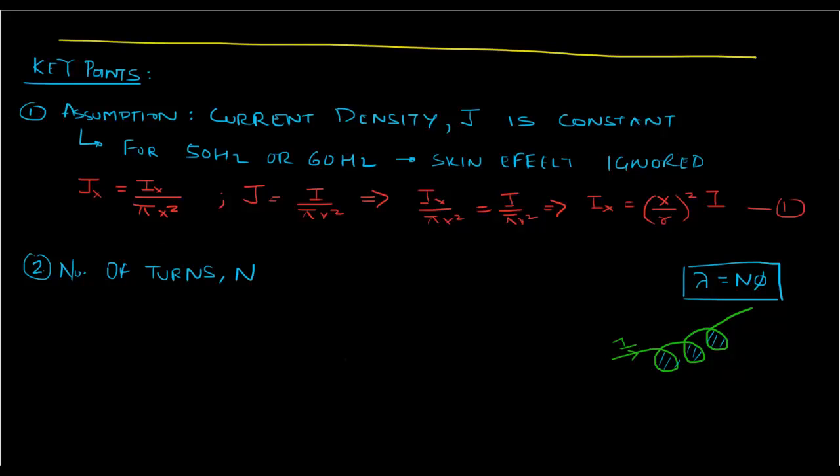Due to this current, we have flux lines. So let's say there's a flux line here, right? We said lambda here, because it's going through the surface 3 times, it's cutting the surface thrice, so we said n was 3 in this case.